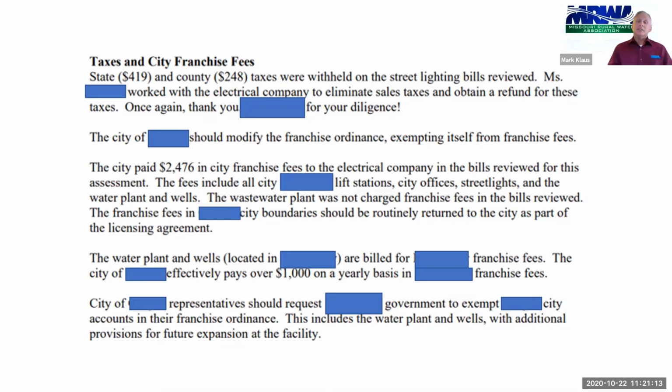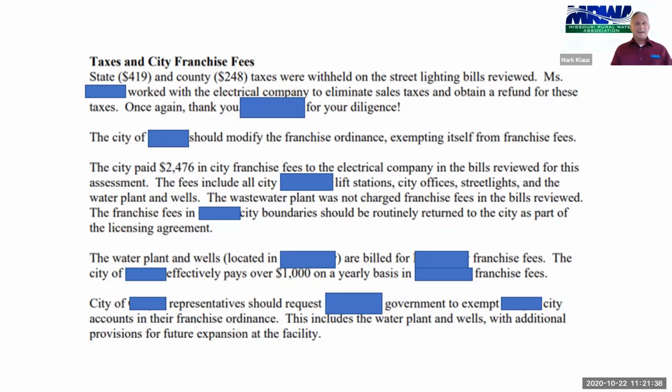Okay, here's another part of that. Their water plant and wells are located inside the boundaries of another community, and they're billed that community's franchise fees. They basically paid over $1,000 a year, and they're still doing it, as far as I know, in that city's franchise fees.